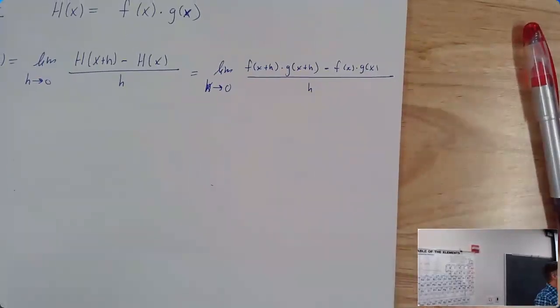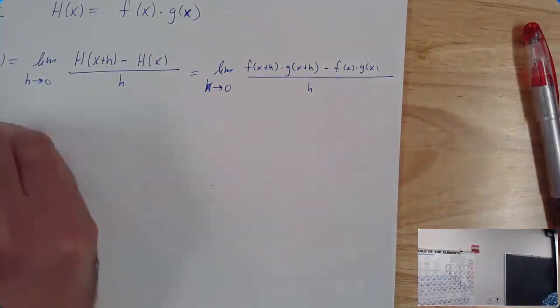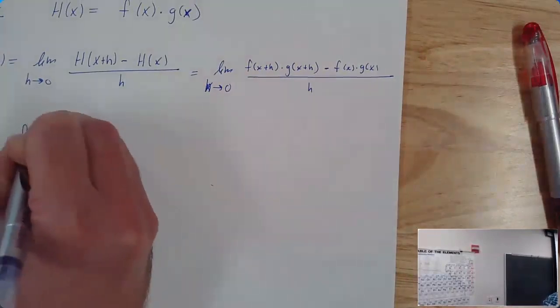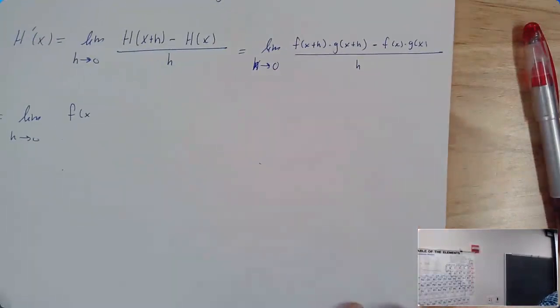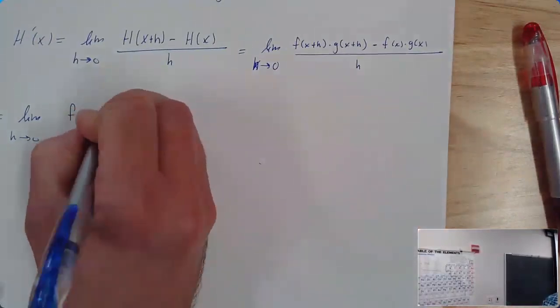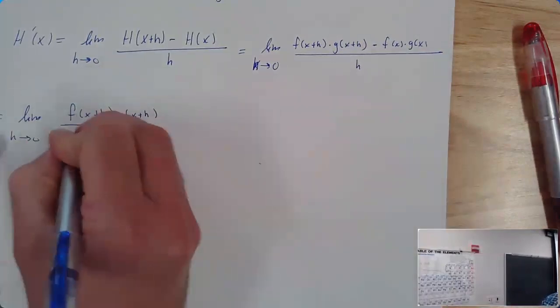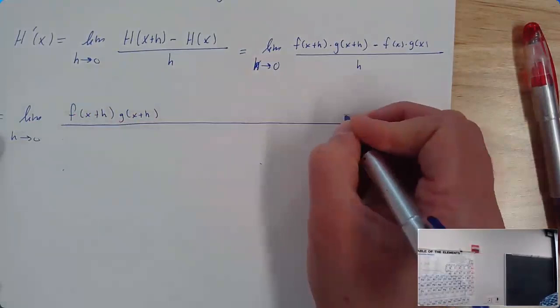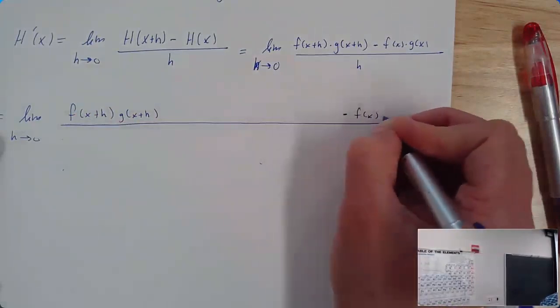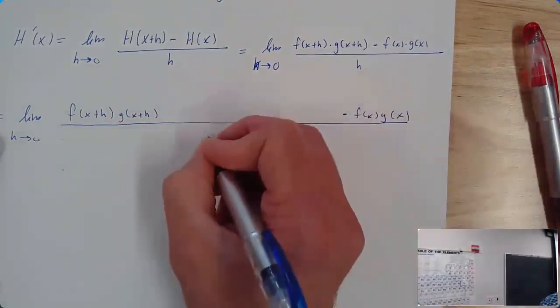We're going to add and subtract something to make it look like we want, but it's not going to change it at all. So we're going to rewrite this as the limit as h goes to 0 of f of x plus h times g of x plus h minus f of x times g of x.